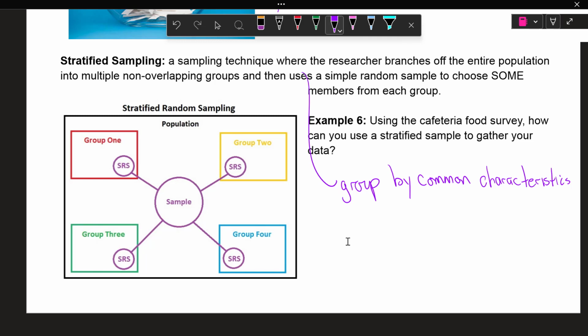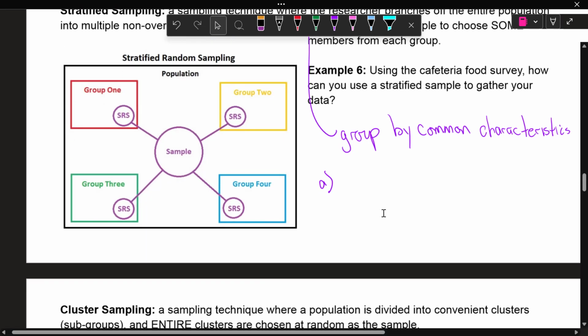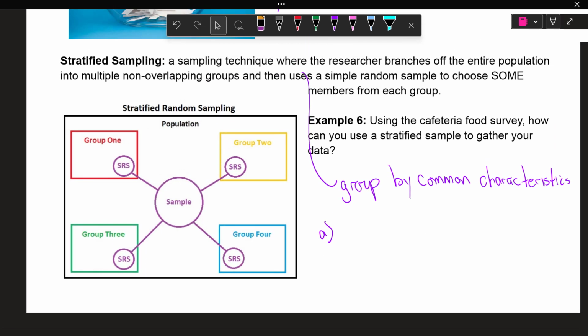just a random grouping of each sample. So our sample is going to include some from group 1, some from group 2, some from group 3, and some from group 4. And the ones that we pick from each group are just randomly taken, put names in a hat, random number generator, whatever. So there's two things to notice about stratified sampling.